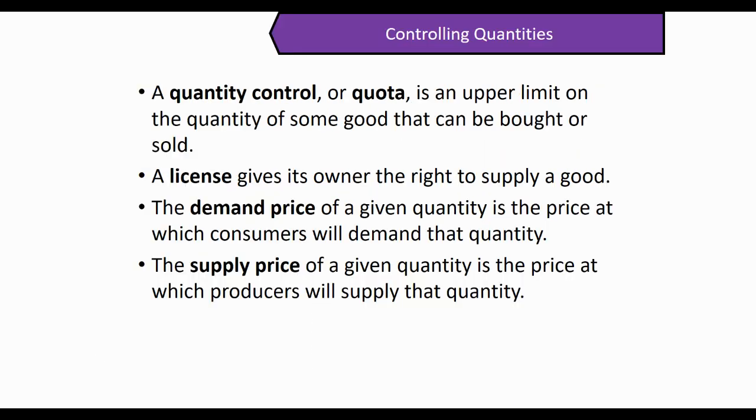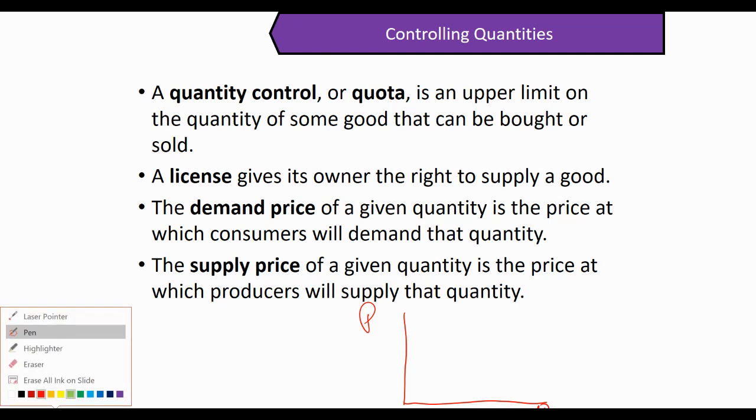When we talk about quantity control or a quota, it is essentially saying, if we're at equilibrium, let's say we have the price and the quantity here, and we don't worry about supply and demand, the government will allow only this amount of quantity.